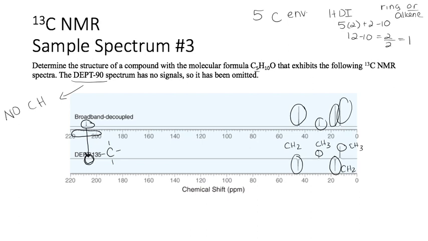So this probably corresponds to some type of carbonyl with groups attached to it, whether they be hydrogens or CHs in some combination. Some other things I can look at is that I have some very downfield things and some not so downfield things.